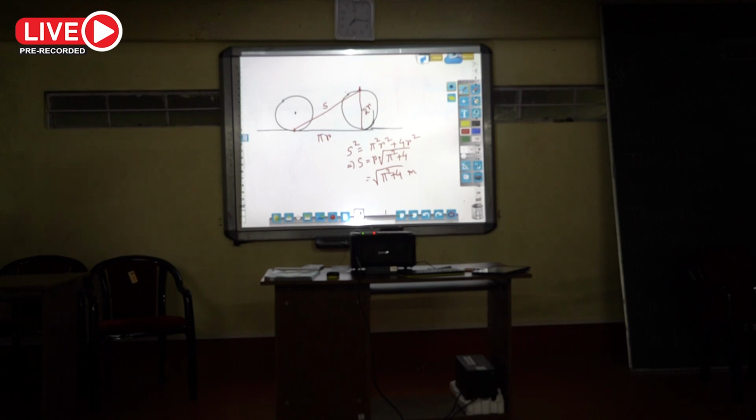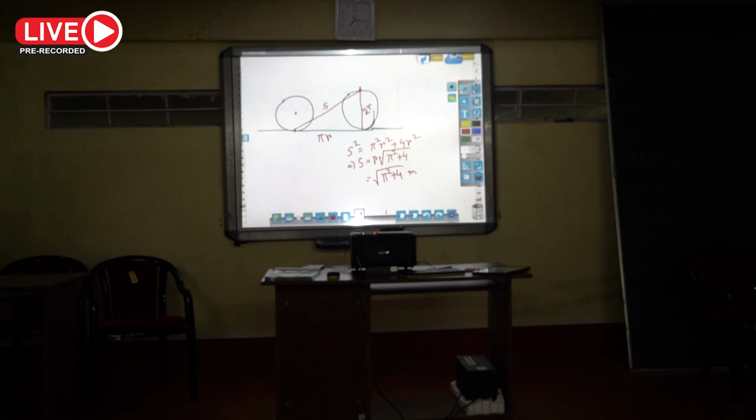First, calculate the average speed for the second part of the problem. The second part is divided into two parts with equal time, traveling with velocity 2 meter per second and 6 meter per second.